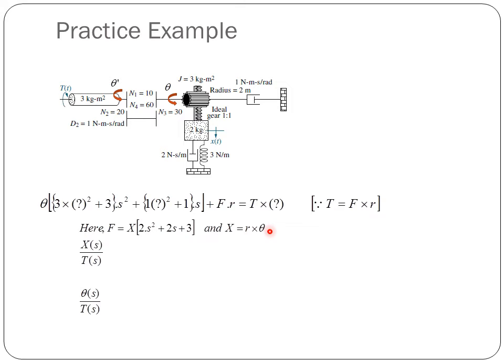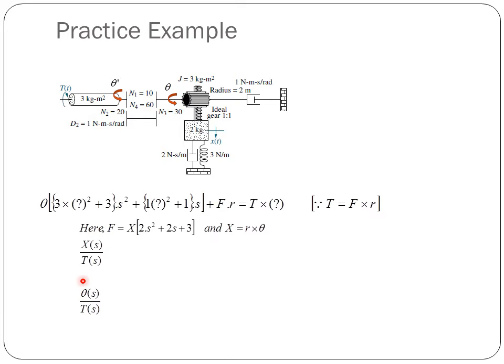So if we multiply R with theta, we will get X, okay. So you need to remember this relation, because you have to find either the transfer function X divided by T, or you have to find the transfer function theta divided by T, any one.